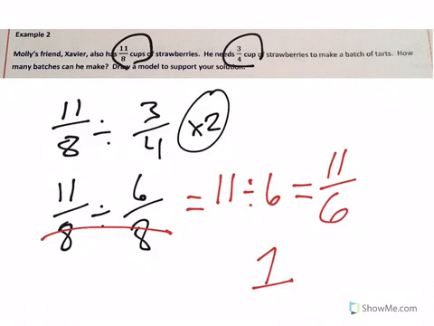From 6 to get to 11, counting up, 6, 7, 8, 9, 10, 11. You have 5 left over. Denominator stays the same. He can make 1 and 5/6 batches.